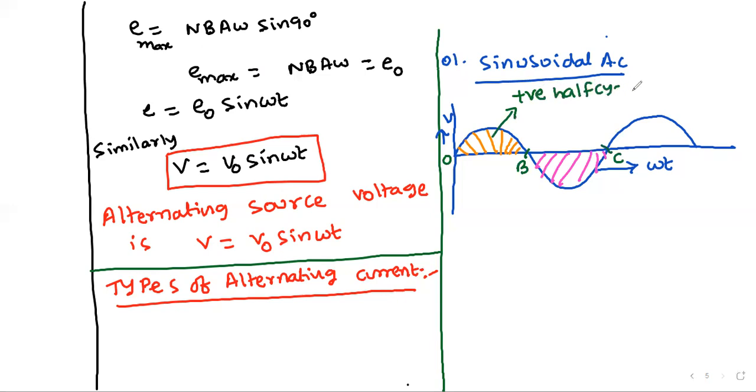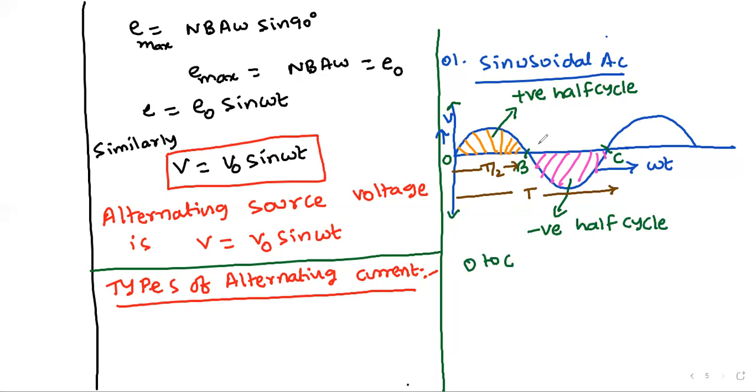Similarly, BC is having voltage along the negative axis, negative values, so it can be called the negative half cycle. From O to C, it is one time period, one cycle. Time period T. So O to B, I can write as T by 2.